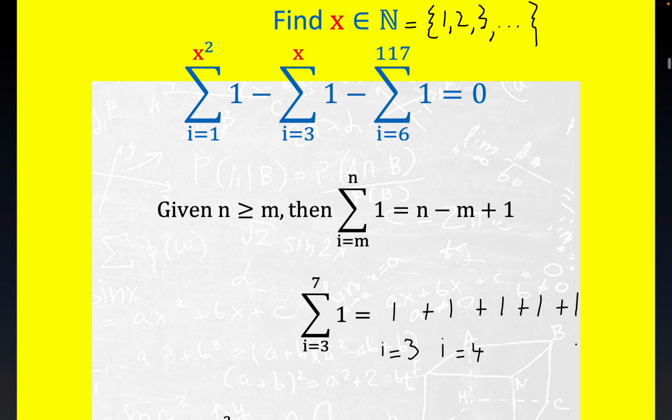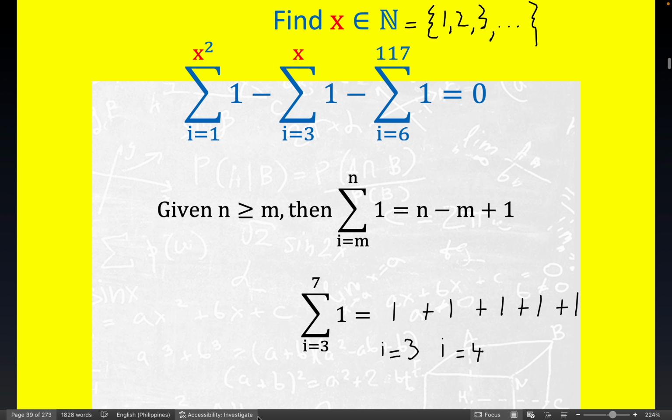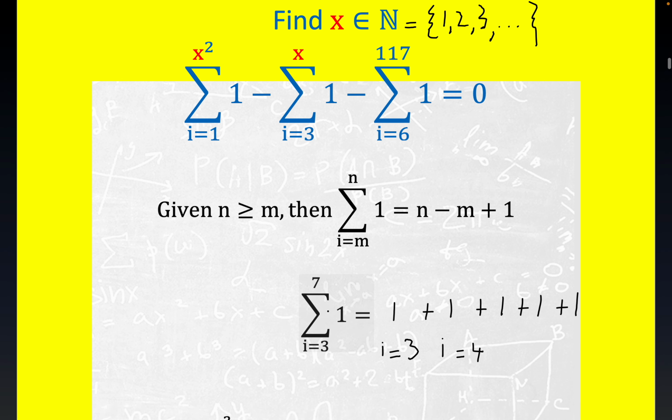Okay, so what do we have there? We have 5 1s here. Now that's 1 more than 7 minus 3, right? So this is equal to 5. But notice that's equal to 7 minus 3 plus 1.